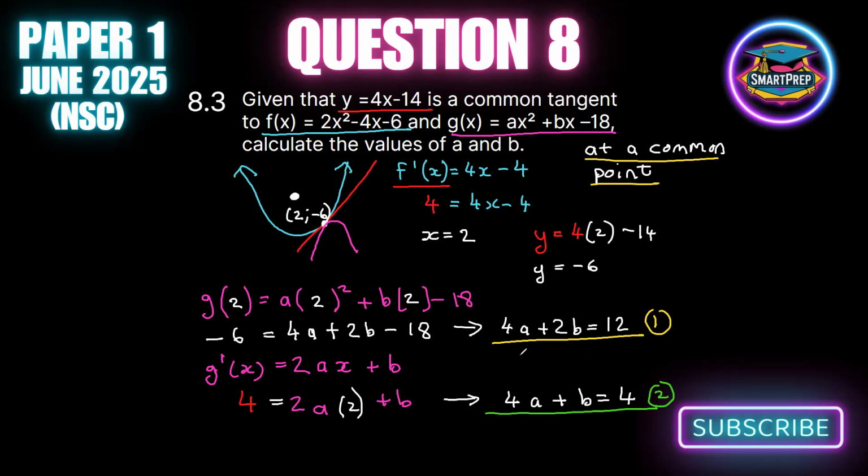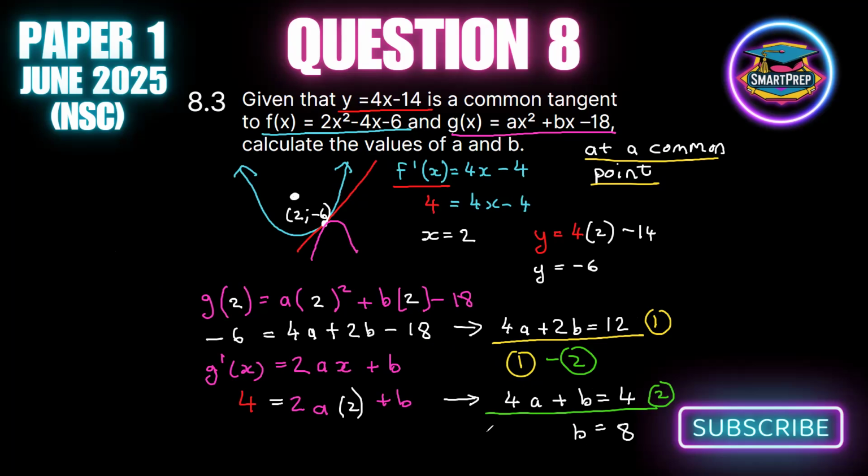So we're going to just say equation 1 minus equation 2. And so do you see 4a? That's why I kept it as 4a plus 2b, because then we can just minus them and the a's will go away and we'll get 2b minus b, which will be b, and 12 minus 4 will give you 8.